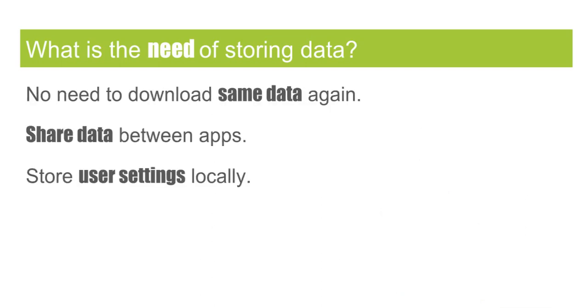Other reasons are no need to download same data again. For example, take the case of a shopping application. In a shopping application, there are hundreds or thousands of products and different categories. Whenever the user browses those categories, it goes through the same product list again and again.